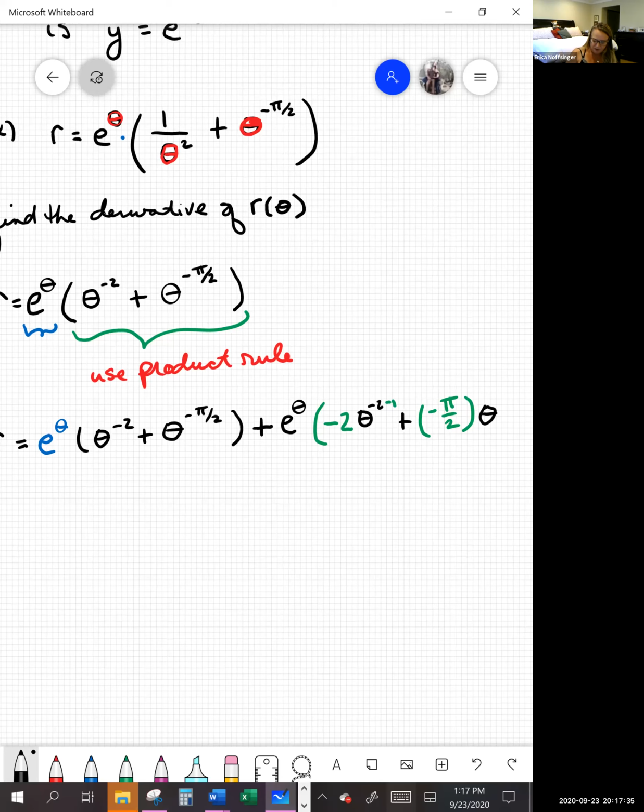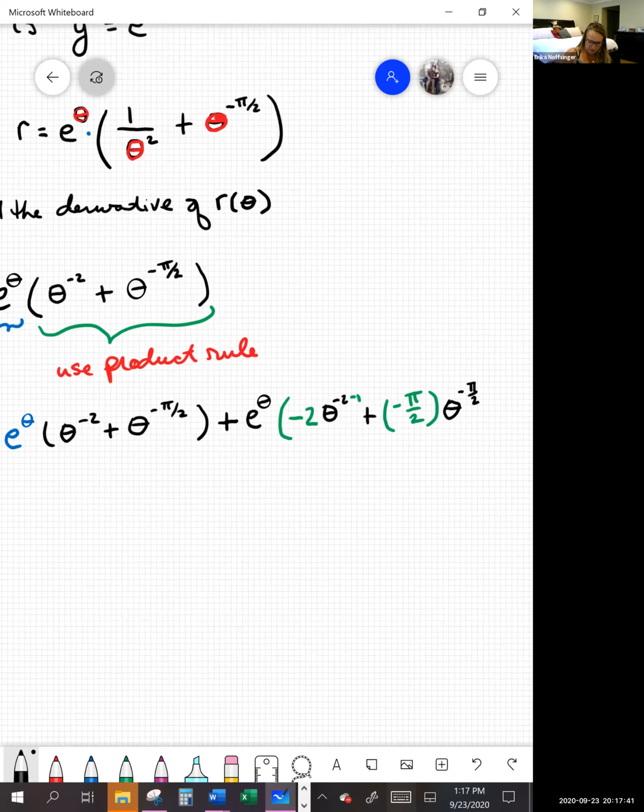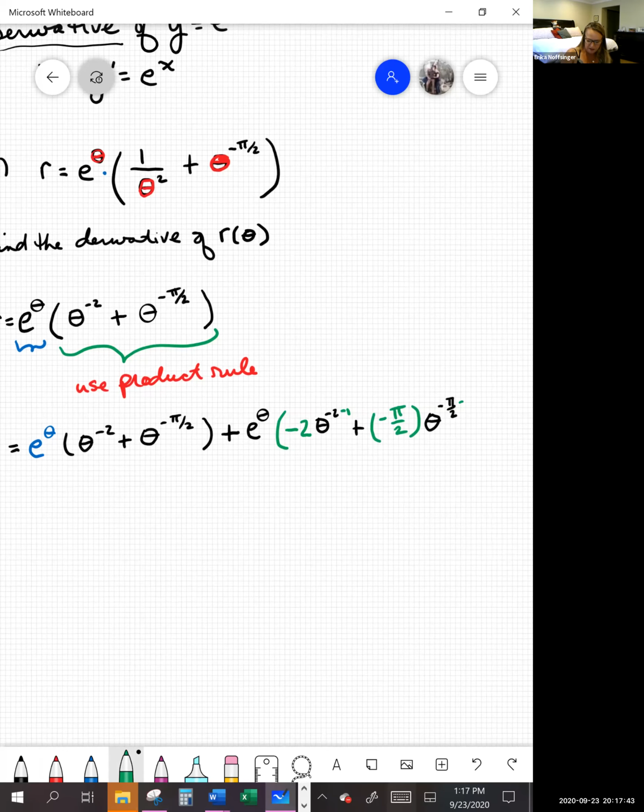Take our power, which was negative pi halves, and subtract 1 from that. I'm going to write that 1 as 2/2 here. And that is the derivative of our second function.